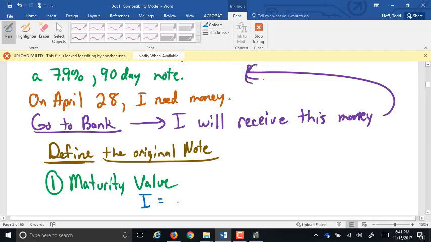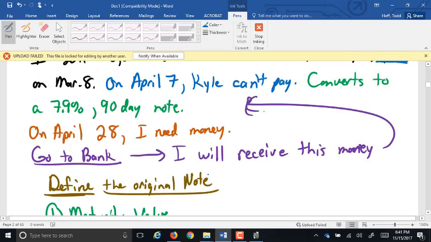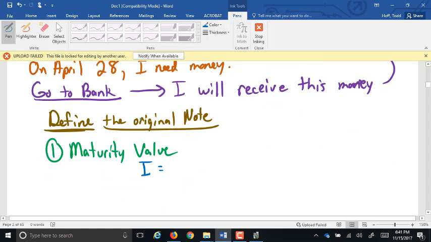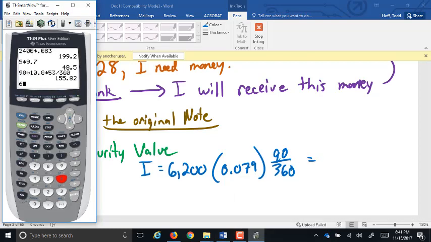So we find the interest on the $6,200 at, what was that, 7.9%? So 0.079 at 90 over 360.